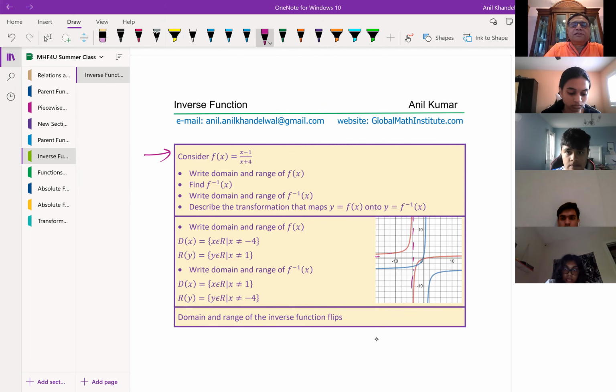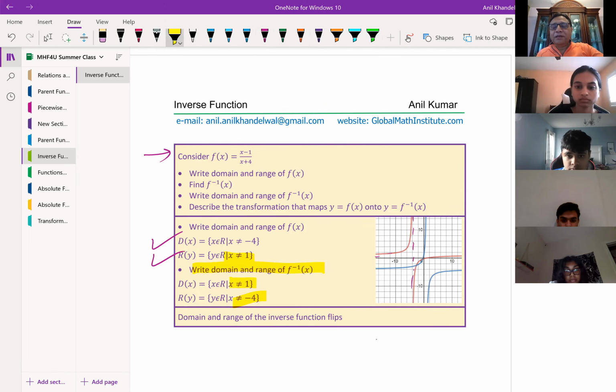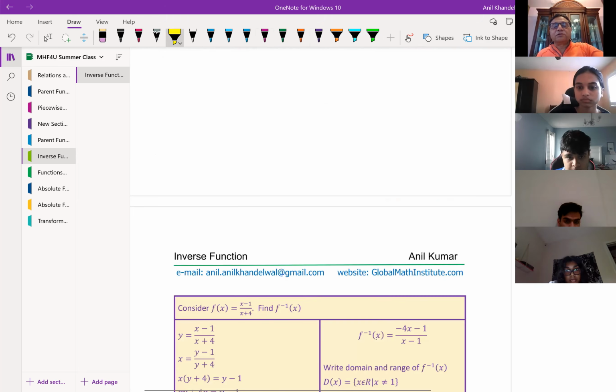So the red graph is this particular function, and we have just seen that the domain is all real numbers but does not include minus 4, and the range is all real numbers but does not include plus 1. And therefore, for the inverse of the function, we swapped and wrote down the domain and range. So we did part A and C first. And now we will see how we do part B, which was to find the inverse of the function.